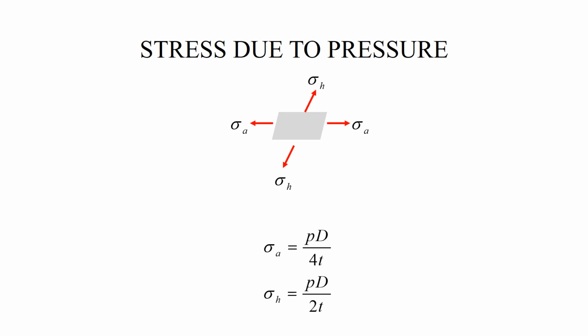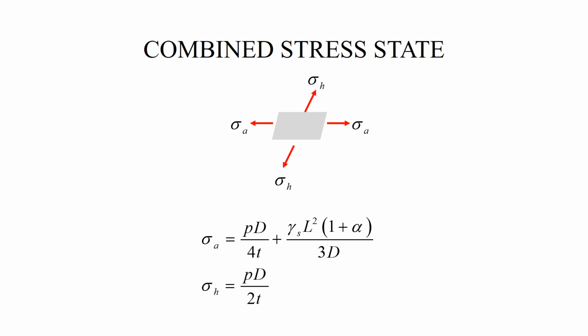The stress due to the pressure is pretty simple. Standard equations for pressurized cylindrical vessel. And now I can combine the two. So the axial stress has two contributions, one due to the pressure and another due to bending.